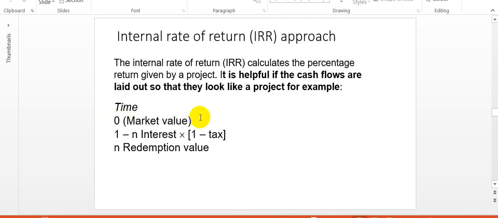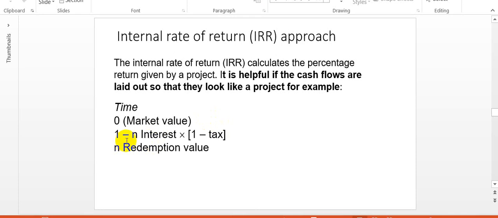Time 0 will always be in brackets because it is multiplied by 1 in project investment appraisal, regardless of what discount factor is used, you always multiply by 1.